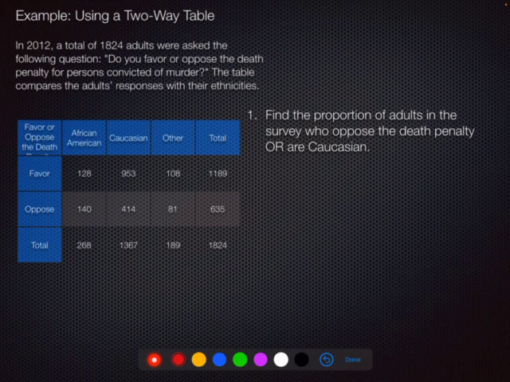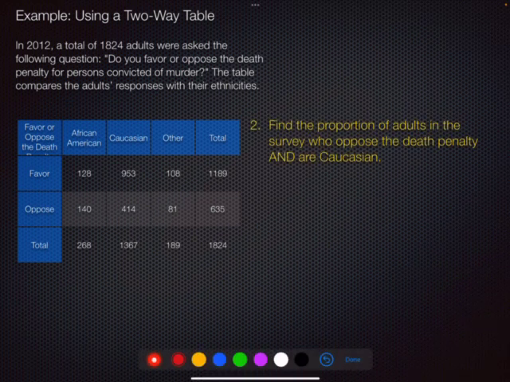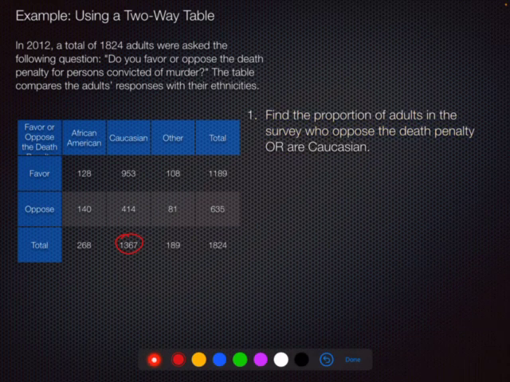Or are Caucasian. Well, let's take care of all the Caucasians first. So of all the Caucasians, there are 1,367. Oops, let's go back.